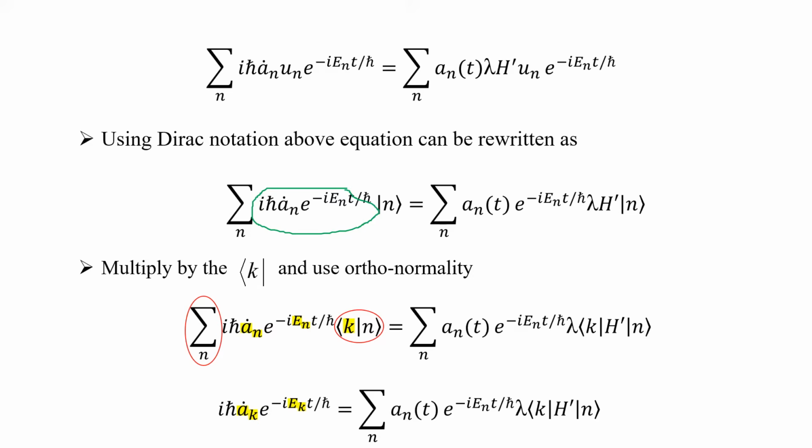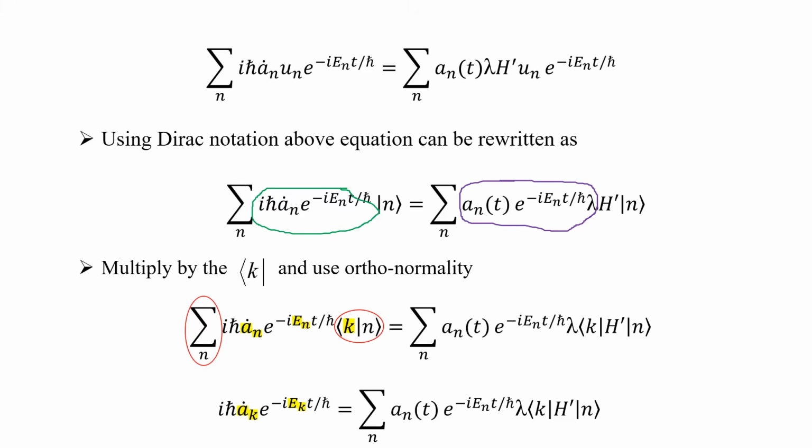So you can take the ket vector to the right hand side. Similarly, on the other side, all are numbers. All these are numbers. An, which is a function of the exponent, including this lambda, is a number. You can take it to the left hand side of the operator.